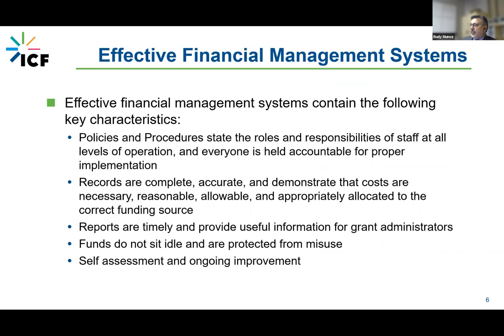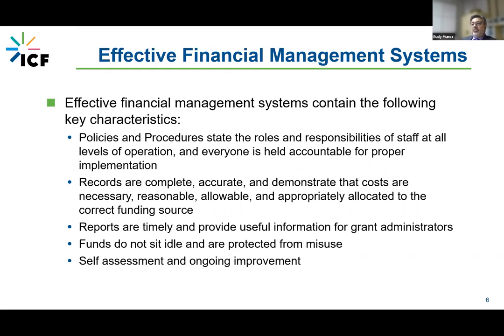Effective financial management systems generally contain a number of key elements or characteristics. These characteristics include written standards or policies and procedures that we just noted on the prior slide, specifying the roles and responsibilities of staff at all levels, all the way from the director to the line staff.